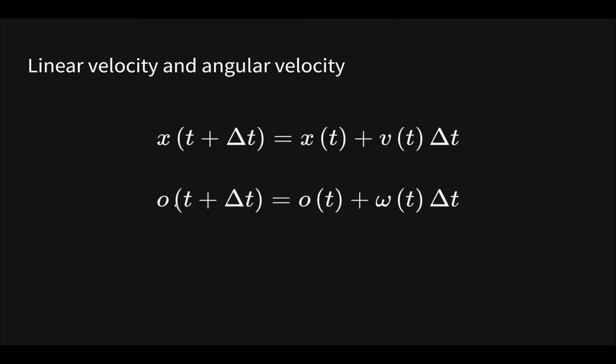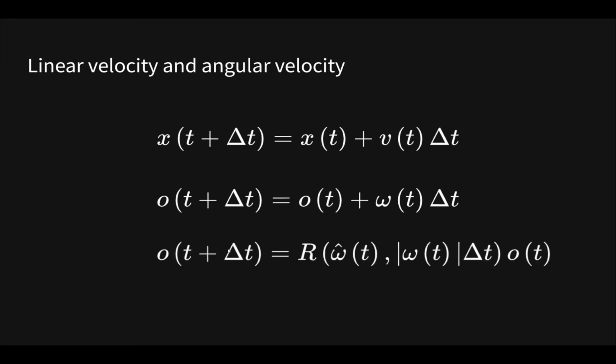And for the orientation of an object, it's the same thing. We can update that with the orientation plus omega, which is the angular velocity. So v is linear velocity, omega is angular velocity, times delta t. Now, orientation is a little bit different in 3D because orientation is not defined as a vector, but a 3x3 matrix.